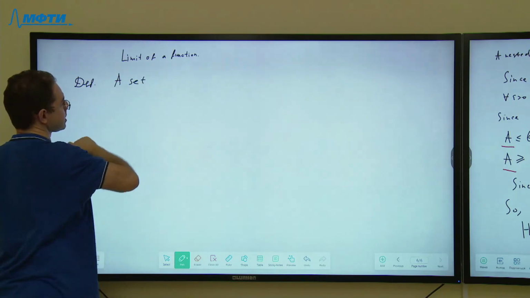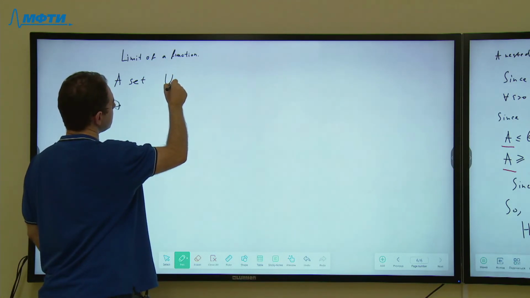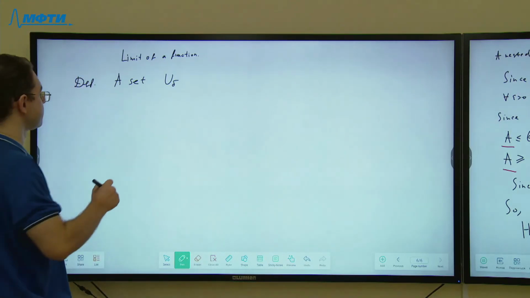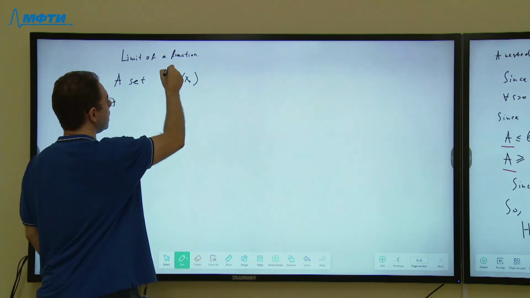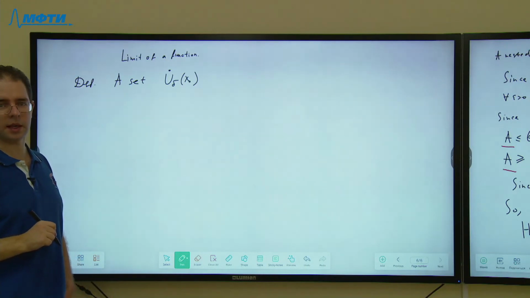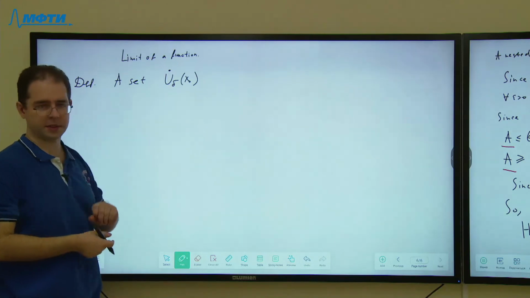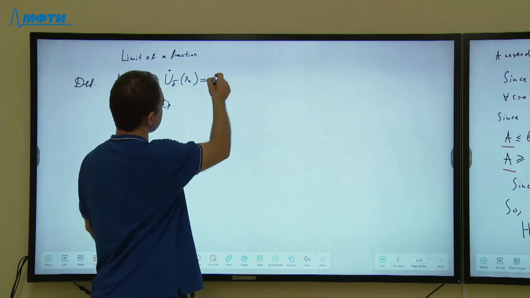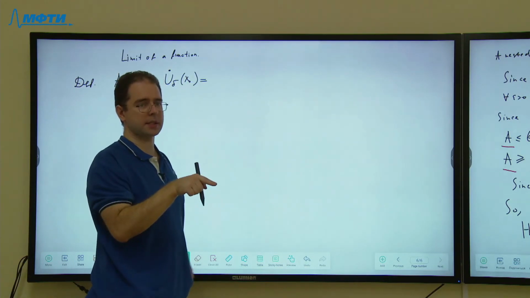The set U-dot delta of x0 is like a neighborhood of a point, but with a dot on top of it. This set is just a neighborhood of my point, except the central point itself.